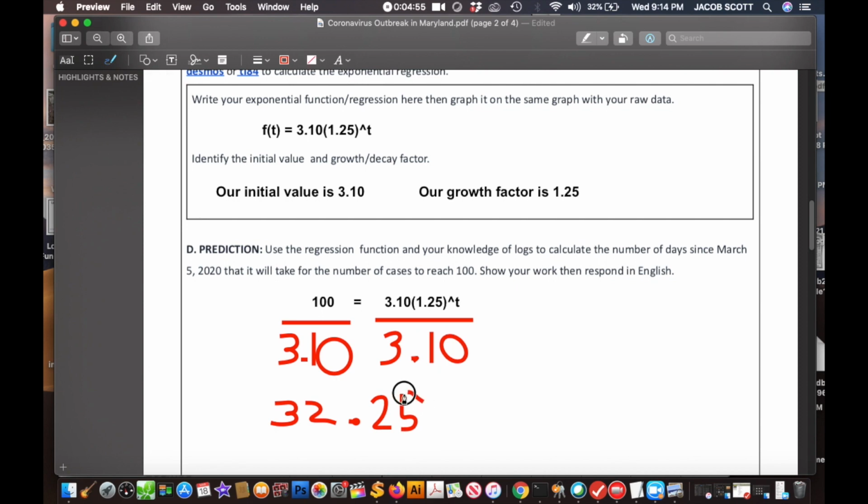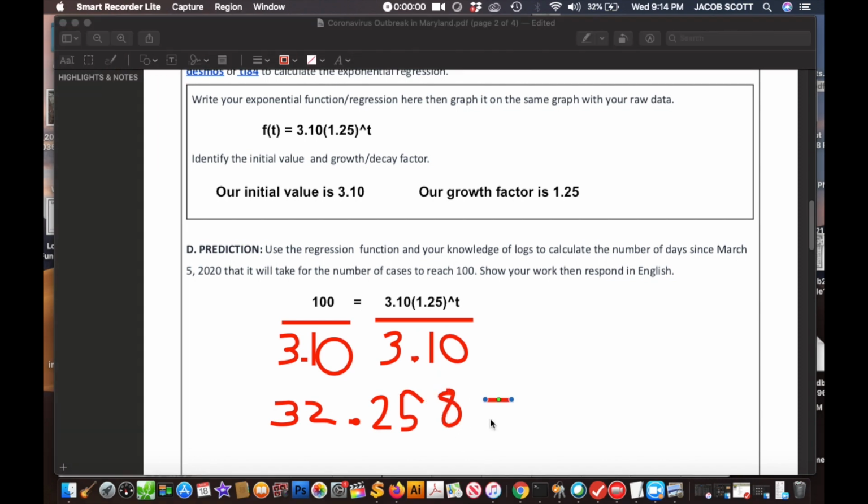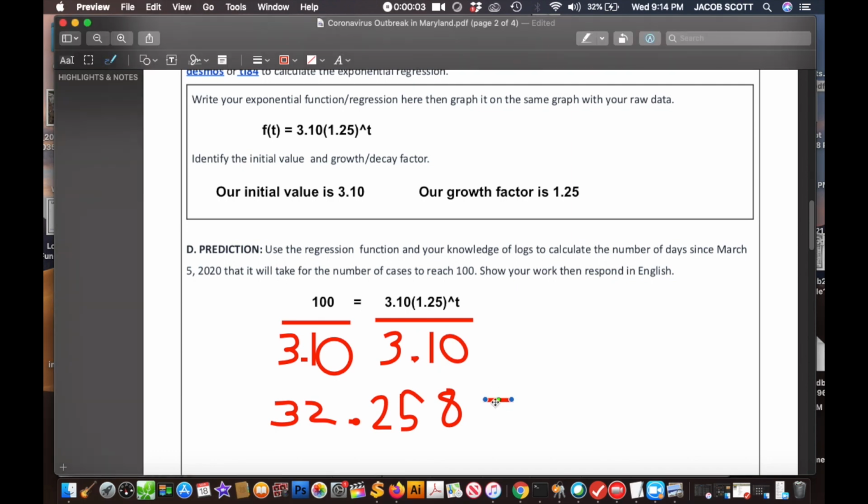No, it doesn't want to let me write that. 32.258 equals how much? Well, I'm going to be left with the 1.25 raised to the t. Come on, man. There we go. Raised to the t.